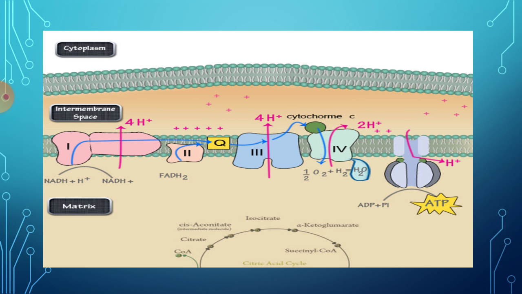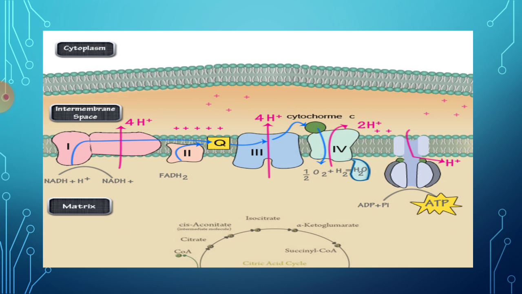Similarly, you can see the transportation of protons or hydrogen ions from the matrix to the perimitochondrial space through complex 4. But the difference here is, through complex 1, 4 protons are transported. By complex 3, 4 protons are transported. But by complex 4, only 2 protons are transported from the matrix to the perimitochondrial space.